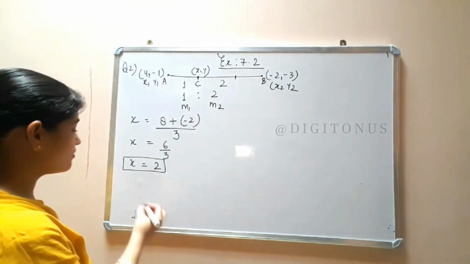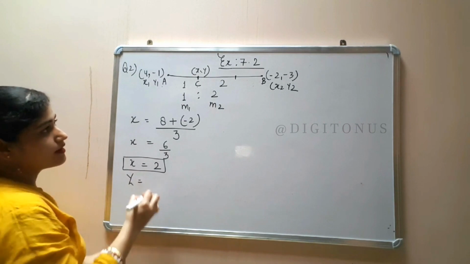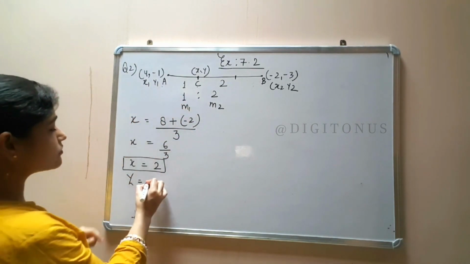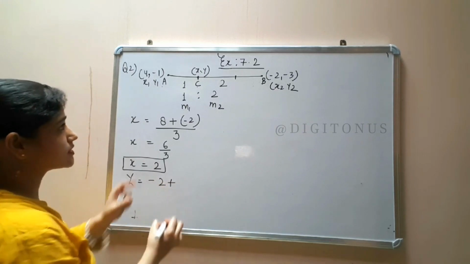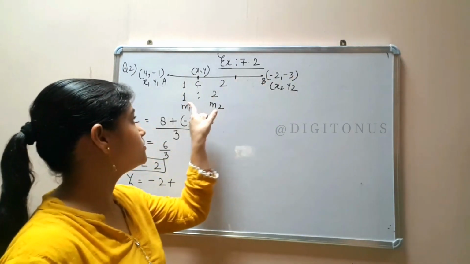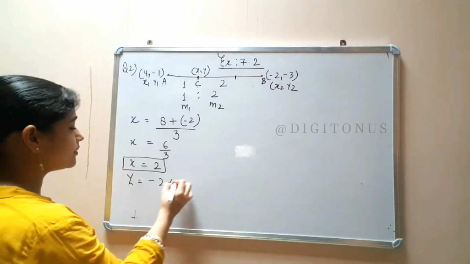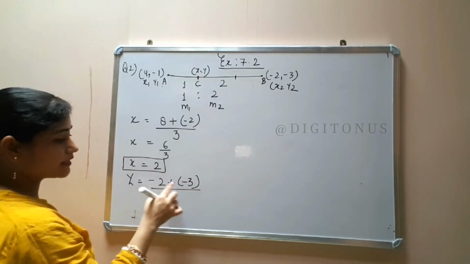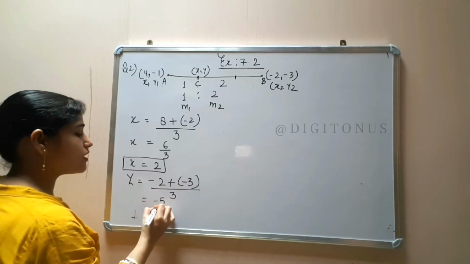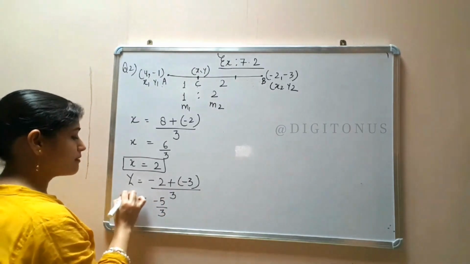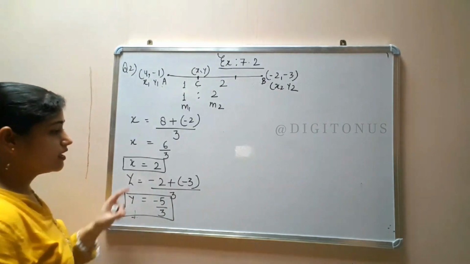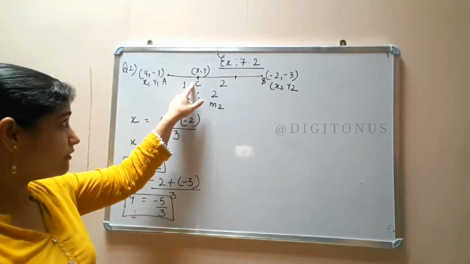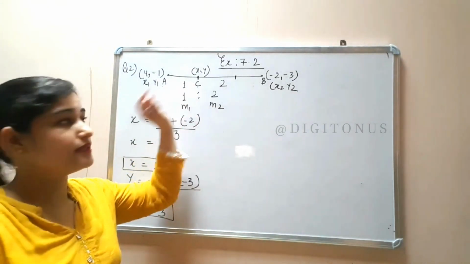Clear? Now y. For y also, m2 into y1, so 2 into -1 is -2, plus m1 into y2, so 1 into -3 is -3, upon m1 plus m2, 3. Minus minus is plus, so the y value is -5/3. These two values are the coordinate point C.